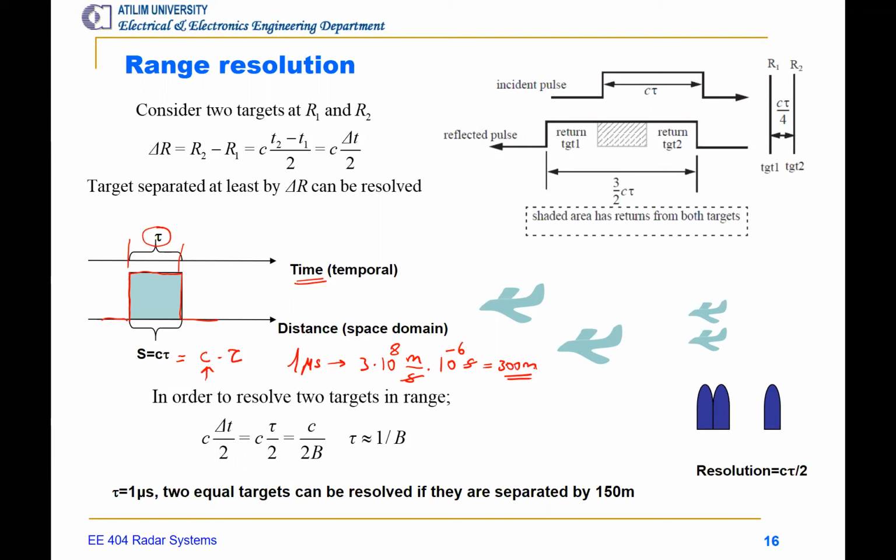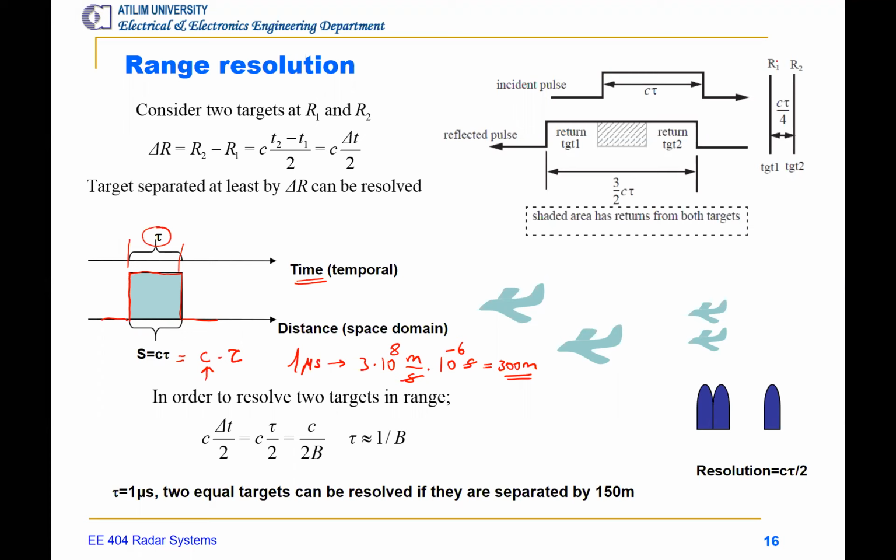So a 1 microsecond pulse in space is spread over 300 meters. If I have two objects within 300 meters, then I cannot detect them separately, right? So this spreading of the energy is critical.